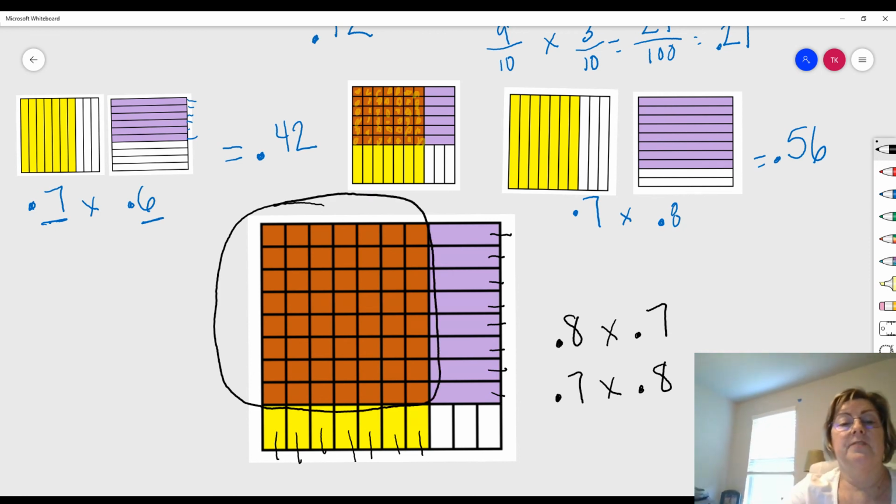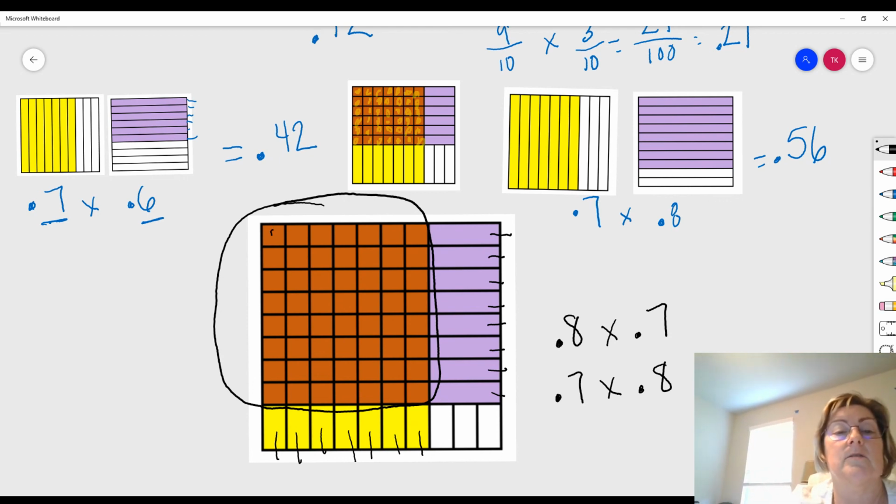If I were to physically count these, you would come up with 56 hundredths as an answer. So you can tell we're counting by eights.